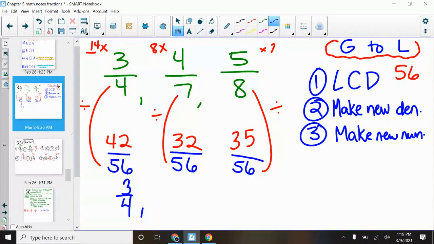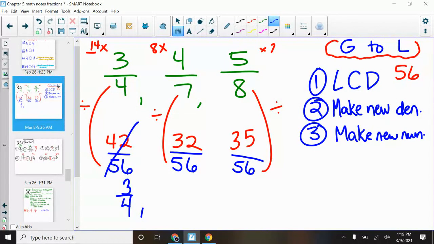Do I want you to put your answer using the original fractions? Yes. Those were the fractions we were comparing. We weren't comparing this. We just had to do this to get our answer. But the green fractions, those are the ones that you're going to put in order. So then what would be the next greatest one? I already used this one. So I have a 32 and a 35.